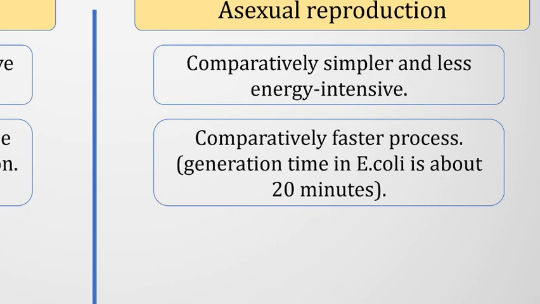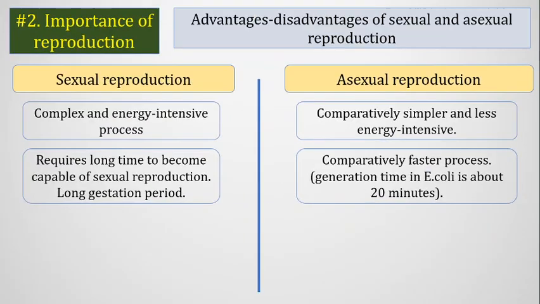Within 20 minutes it can generate 2 daughter cells, and after 20 more minutes they can produce 4 daughter cells, and after 20 more minutes 8 daughter cells. So within a day, in favorable conditions, they can produce billions of bacteria within a short period of time.